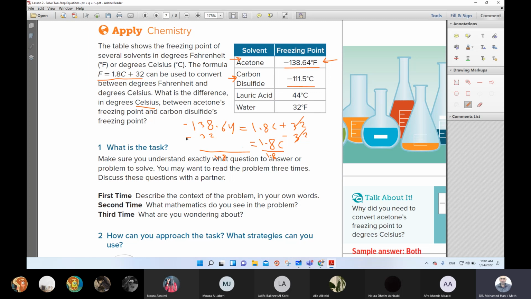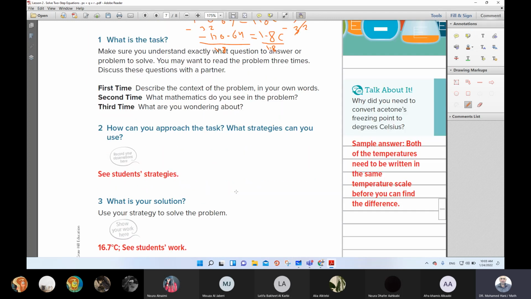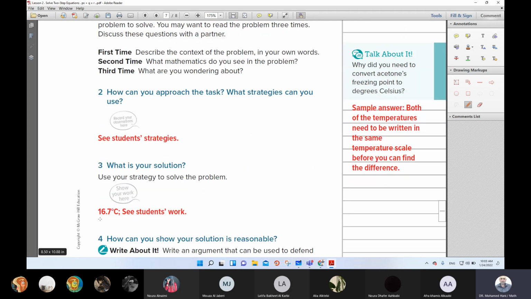When you want to add the same signs, then add. So we have the answer will be 170.64. Then we want to remove the coefficient, so divide the two sides by 1.8. We will get the answer C equals 16.7 Celsius.